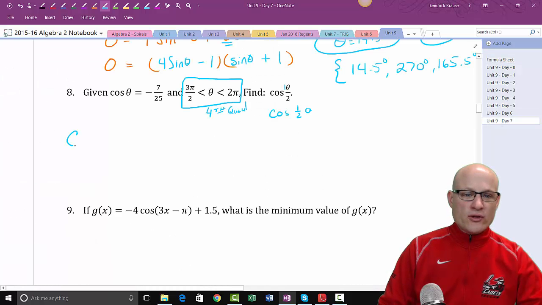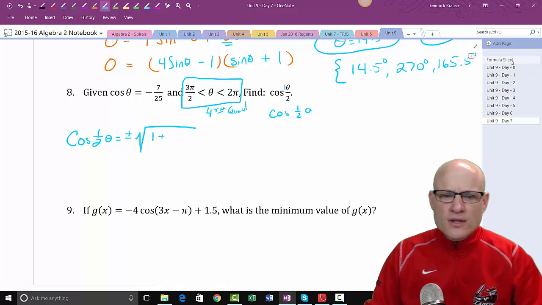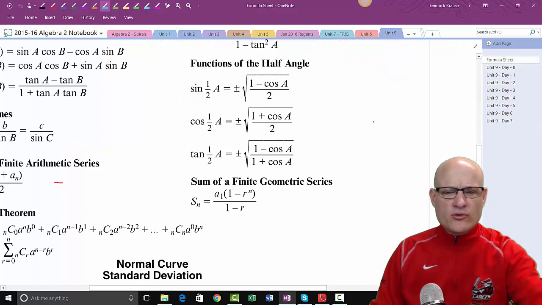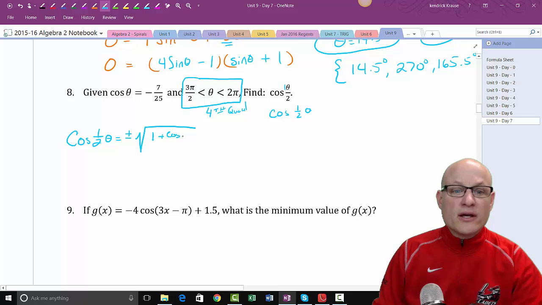So cosine 1/2 A, or theta, is equal to plus or minus, and I don't know in this case whether it's plus or minus, the square root of 1 plus cosine A all over 2.